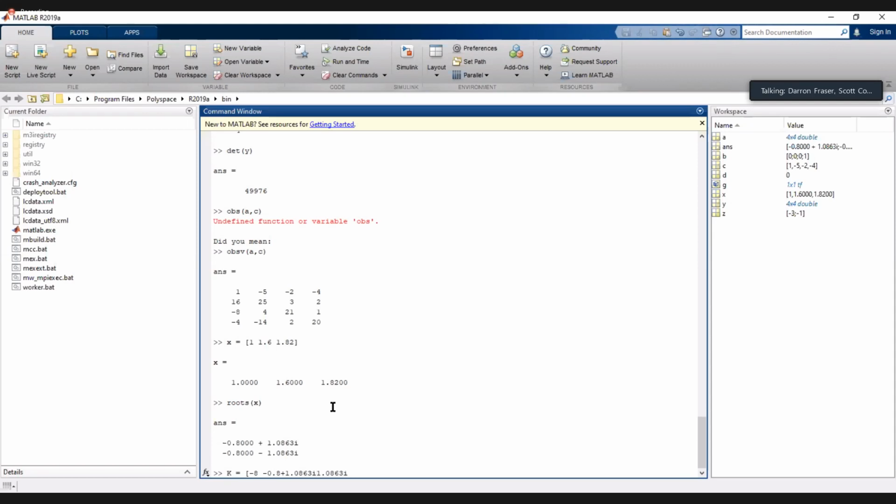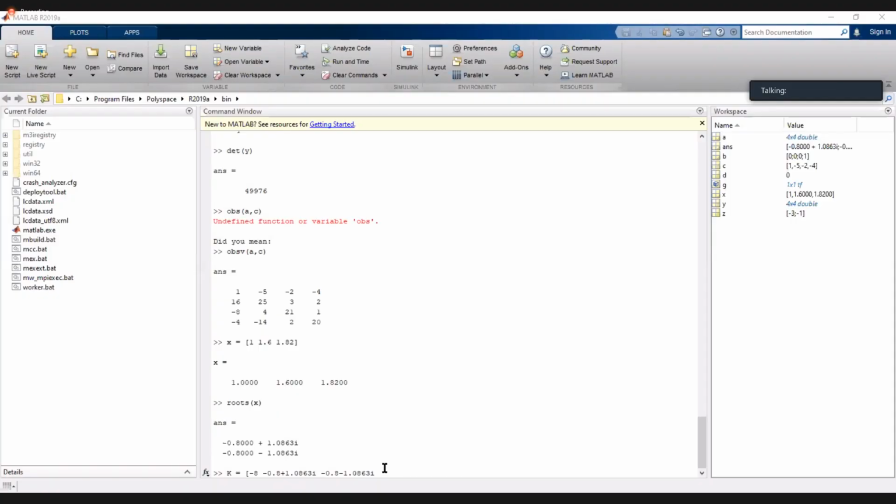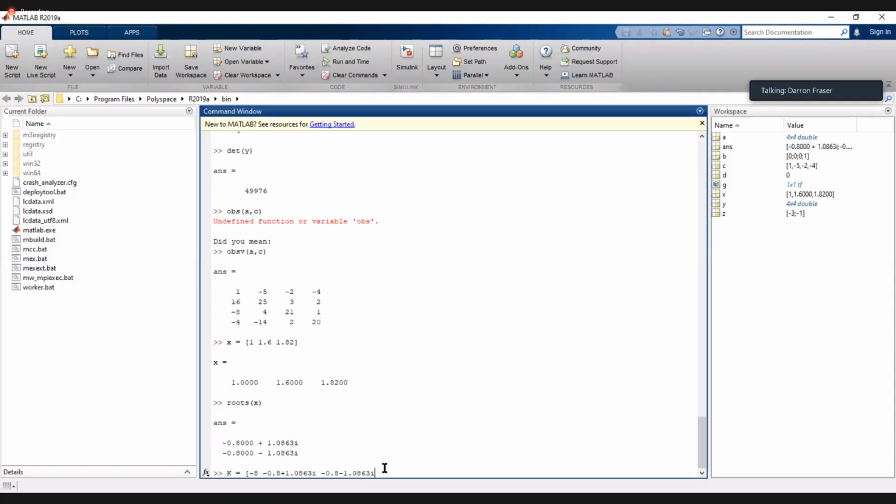Sir, where did the 8 come from? Yes, sir. Remember now, it's a 3 by 3 matrix we had. It's a second order system we just worked out, so the 2 roots of the system are negative 0.8 plus or minus 1.0863i.